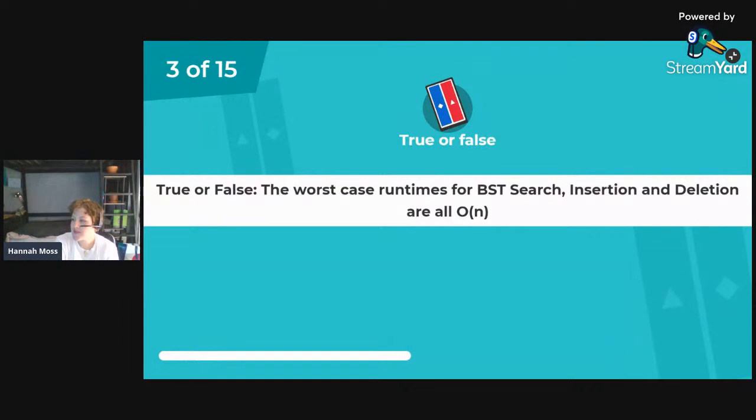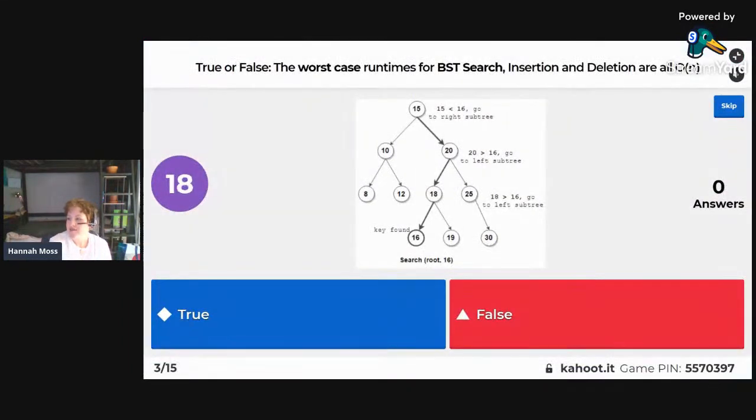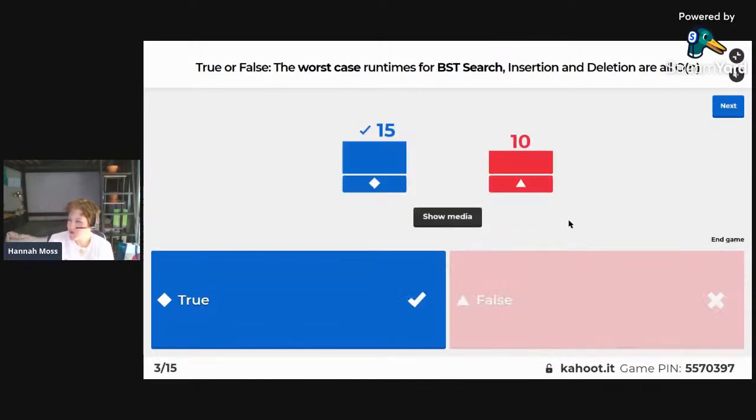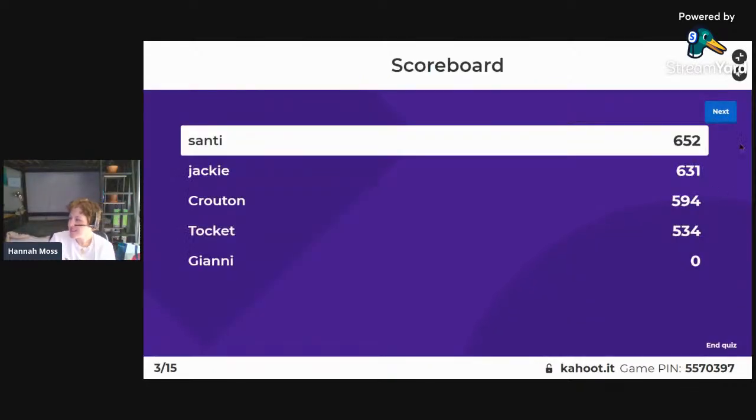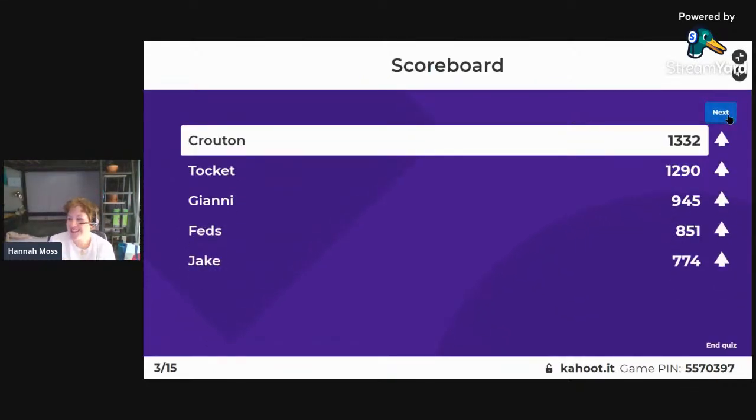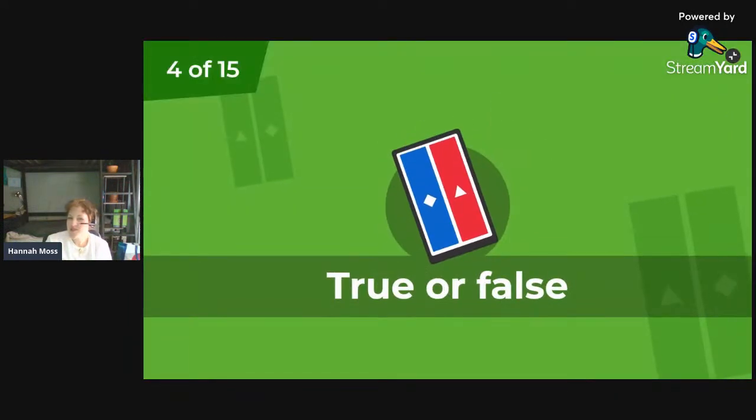The worst case runtimes for a BST search, insertion, and deletion are all O of N. Awesome, 23 answers on this one. Good job, everyone. Crouton in the lead. Okay, true or false?